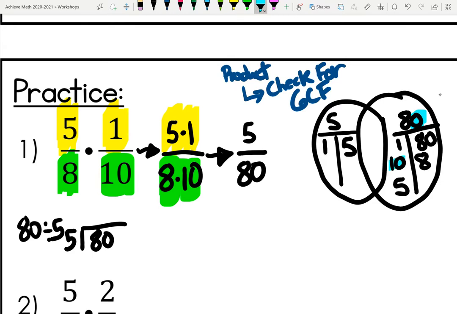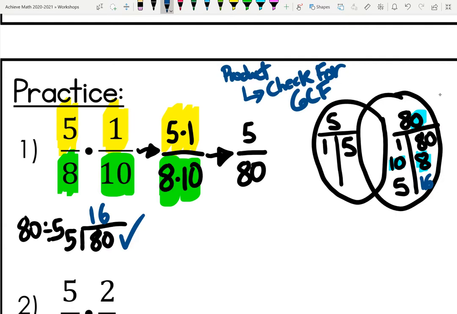Notice 10 and 8. How do I make 10 into a 5? I'm going to divide it by 2. I'm going to multiply it by 2. So if you didn't see that, you would have to do the long division and get 16.